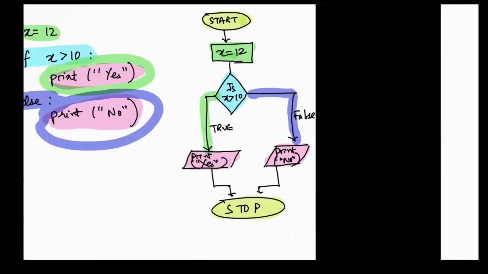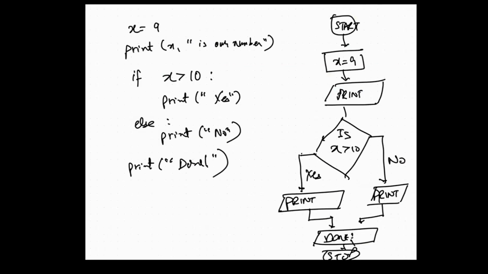Right? But then you can have further fancier variants of this. So let's say if X is greater than 10, I want to print X plus 10 also. How do I modify this program then? Only when X is greater than 10, I want to be printing X plus 10.